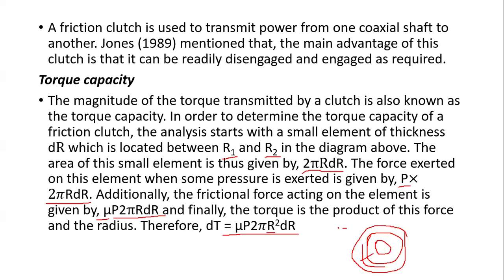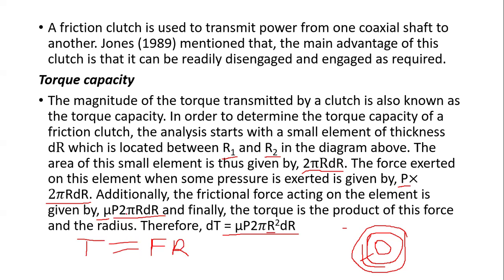To get the circumference, we say 2 pi r. So 2 pi r multiplied by dr is the one that is giving us the area of this element we're analyzing. Then the force is pressure times area. Then at the same time, torque is force by radius. So we have force multiplied by the radius.